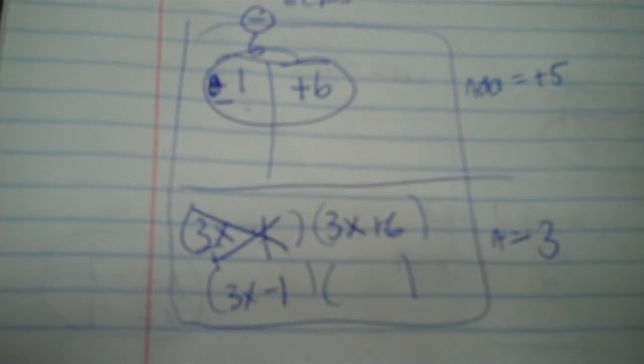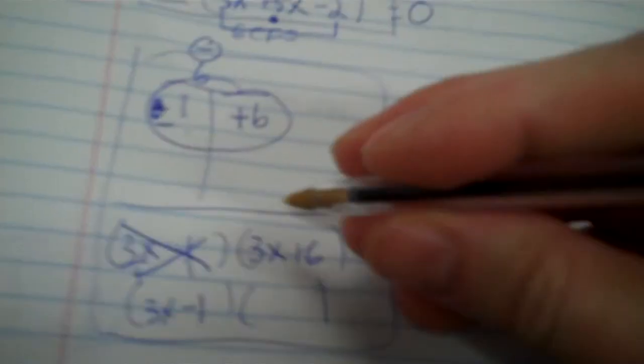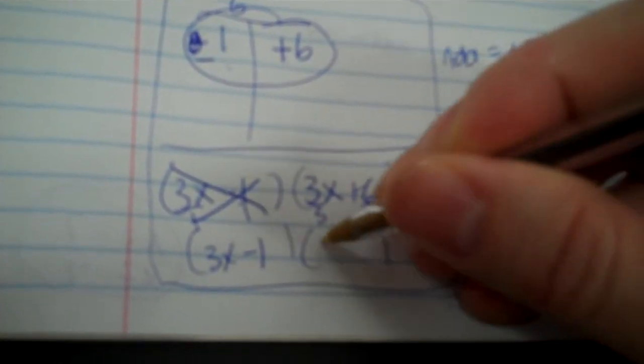Now 3 and 6. Here's 3, here's 6, so 3. I would divide those both by 3, and that would be 1x plus 2. So that's F1, that's F2. Now there is something I need to point out. You can do this if you want, but you don't have to. This 4 I pulled out technically is still there, but since it doesn't have an x, it's not used to solve, okay?